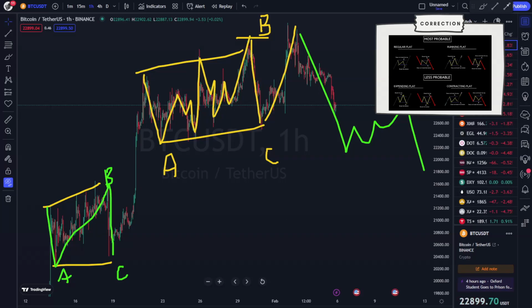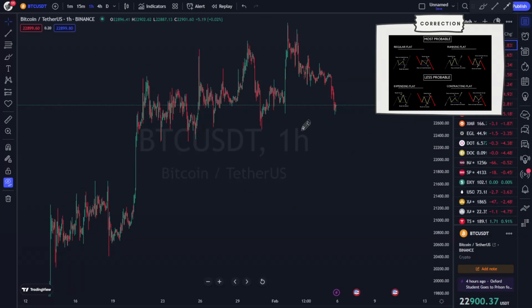The only difference is that in this scenario, this will be an expanding, and you'll put your stop loss, if you're in the buy, under that low, because if you break that low, you are most likely going to start a downtrend.